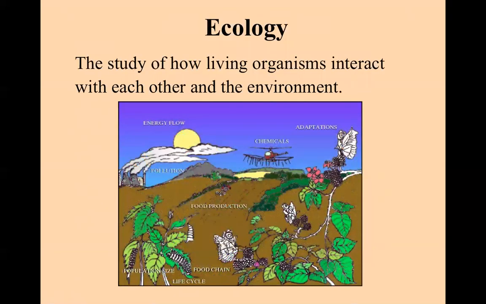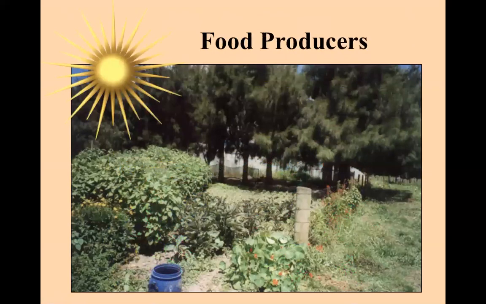So we can then define what ecology is. Ecology is the study of how living organisms interact with each other and the environment. For example, the energy of the sun, that's radiant energy or electromagnetic radiation, is captured by the plants.